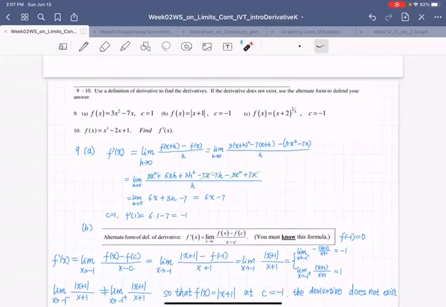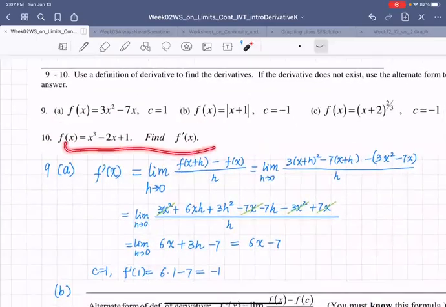Let's see number 10. Based on the definition, I want everybody to go ahead and do your work. I leave my apples here.